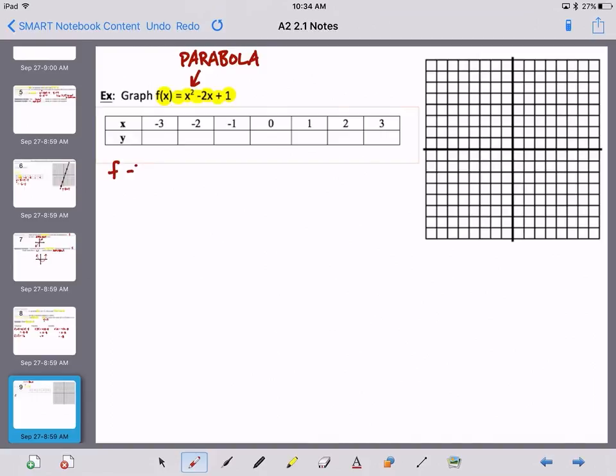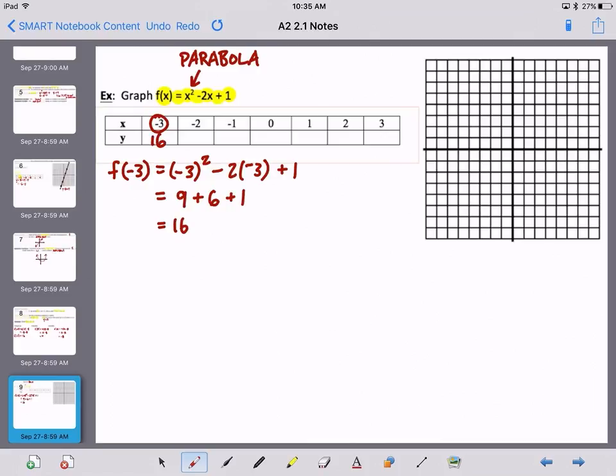So f of negative 3 means we're going to plug in this negative 3 everywhere we see x. So we'll have negative 3 squared minus 2 times negative 3 plus 1. If we evaluate that, negative 3 squared is 9. Negative 2 times negative 3 is positive 6. So 9 plus 6 is 15, plus 1 will give you 16.